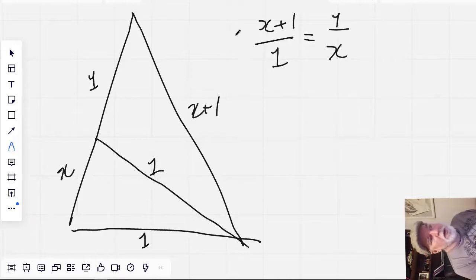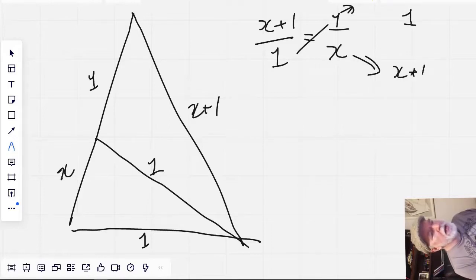So x plus 1 equals 1 over x. So let's cross multiply. So 1 times 1, oh, got to work that out. Okay, that's going to be 1. And then over here we've got x plus 1 times x. And that equals 1.